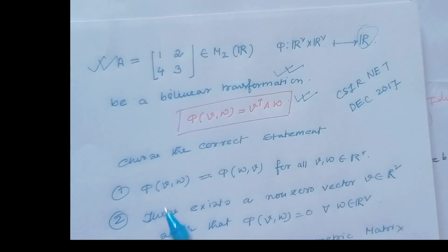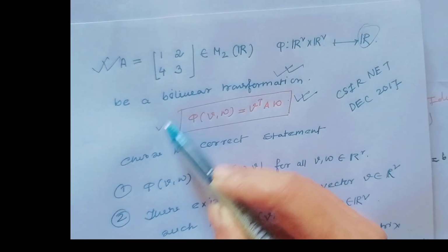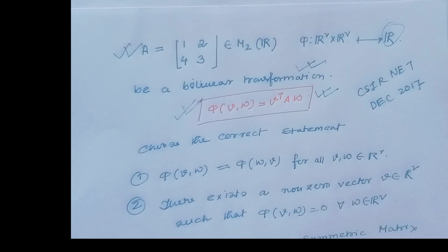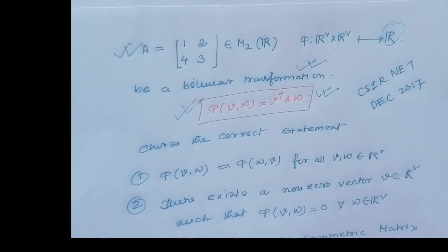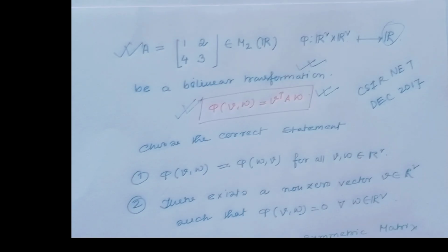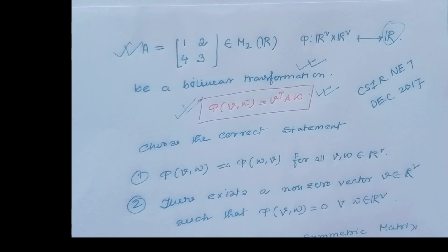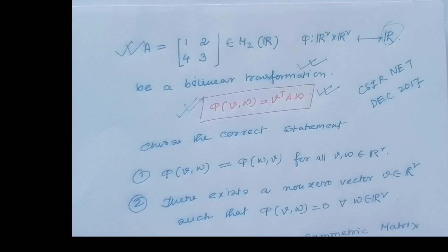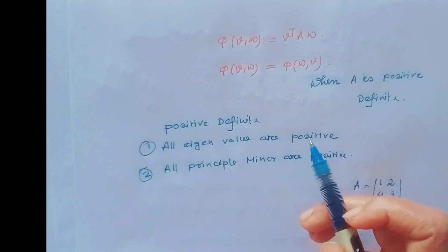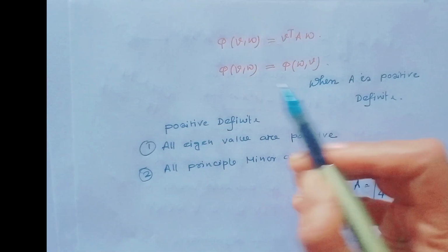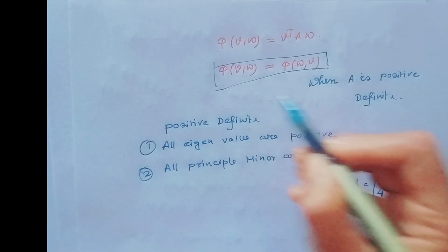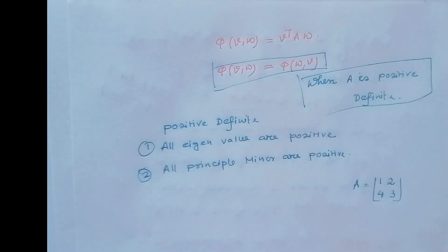Here the question is: is this bilinear form symmetric? A bilinear form is symmetric when the matrix A is positive definite.